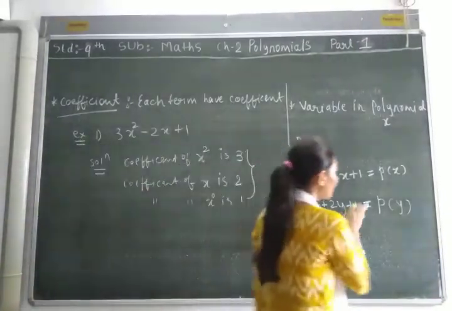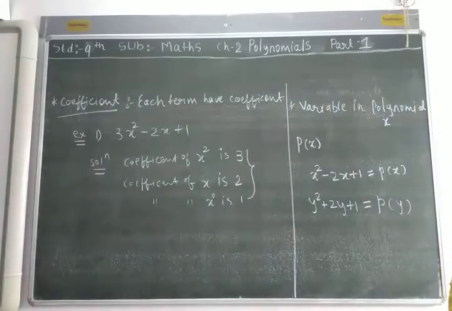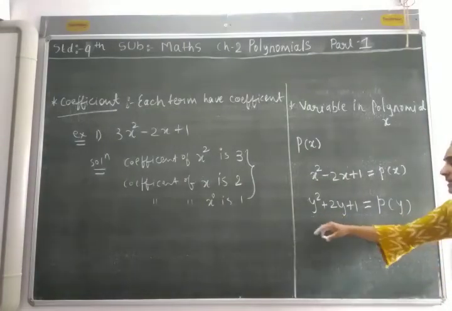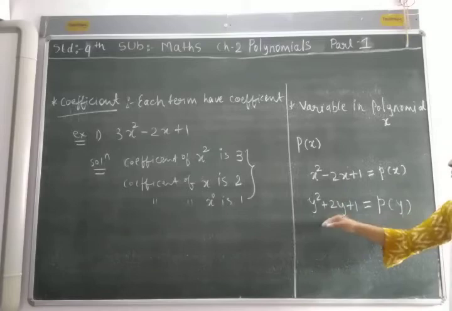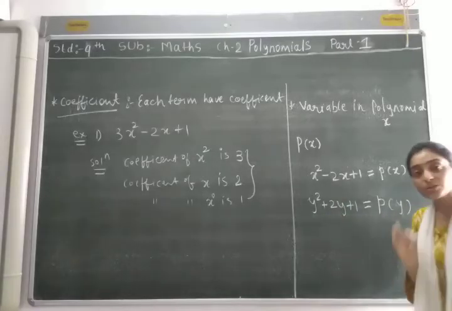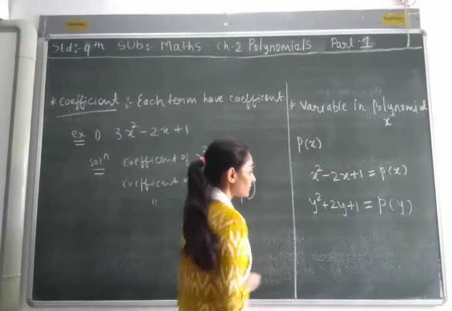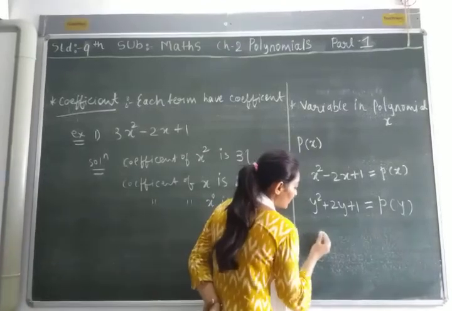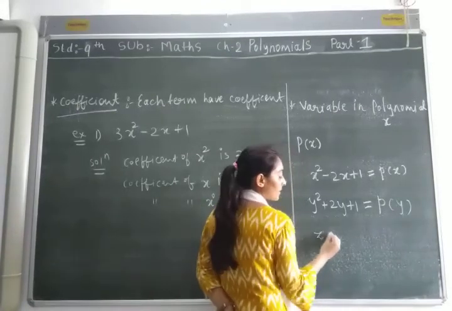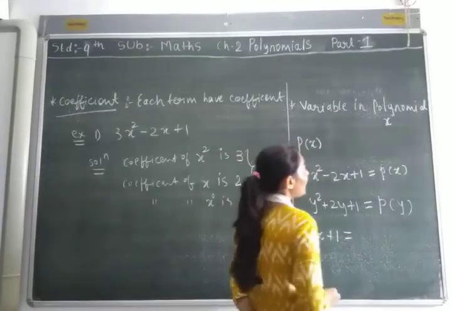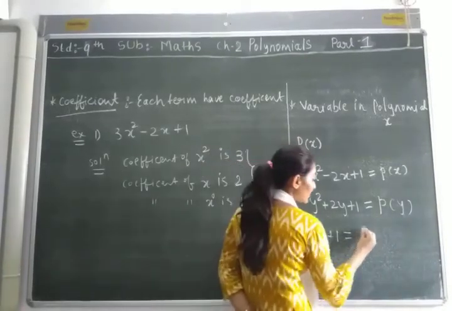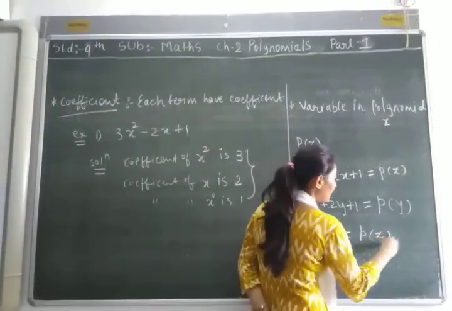It can be anything. You can write x, y, z, any small alphabet. Either it can be z plus 1, so the variable in the polynomial is p of z.